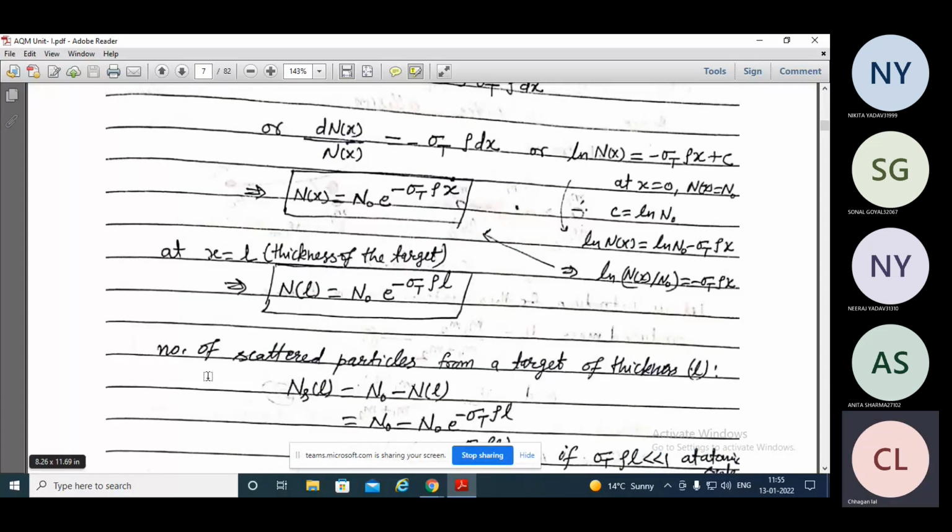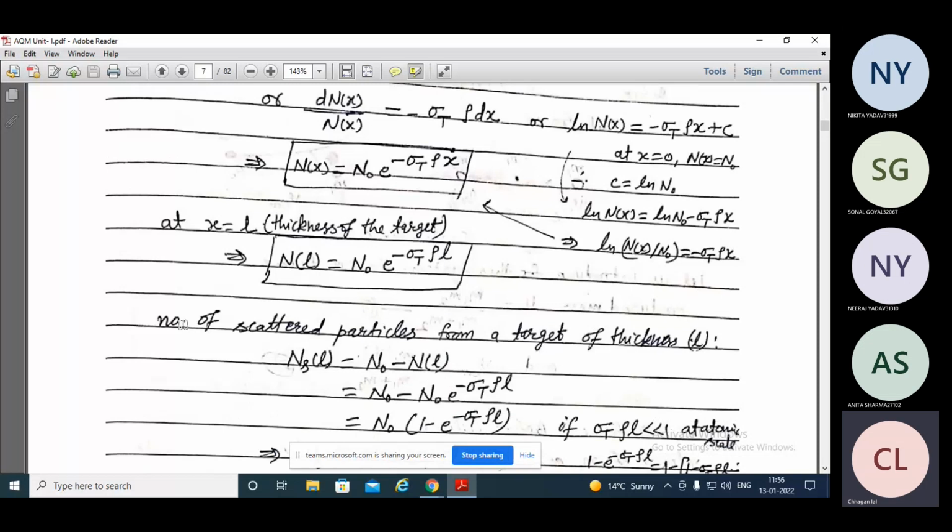Now, the number of scattered particles from a target of thickness L. Basically, we have n naught particles at the left side, and then N(L) particles remaining after the scattering at the right surface.